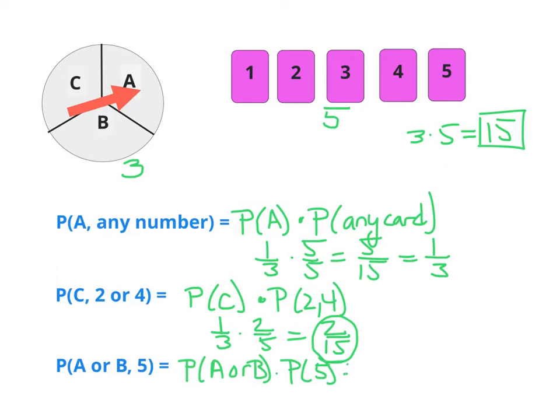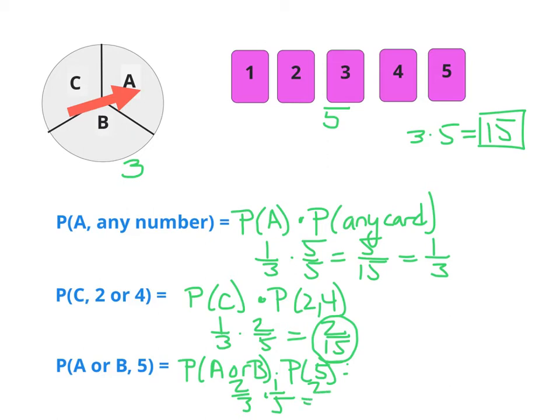So the probability of spinning A or B on this spinner is 2 possible outcomes out of 3, 2 out of 3. And we're going to multiply it by the probability of pulling a 5 from this deck of 5 cards, which would be 1 out of 5. And then again, we do simple multiplication of fractions. 2 times 1 is going to be 2.